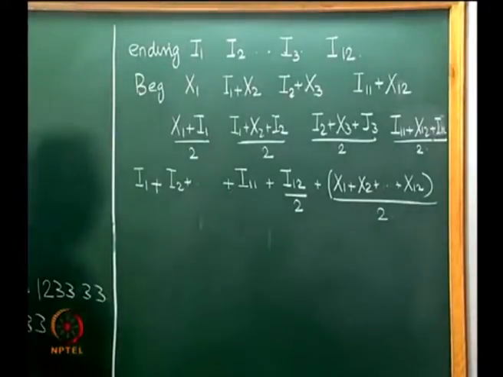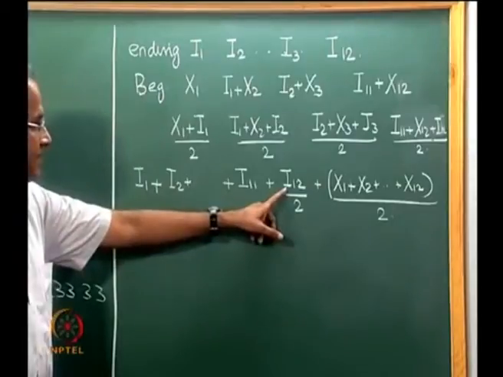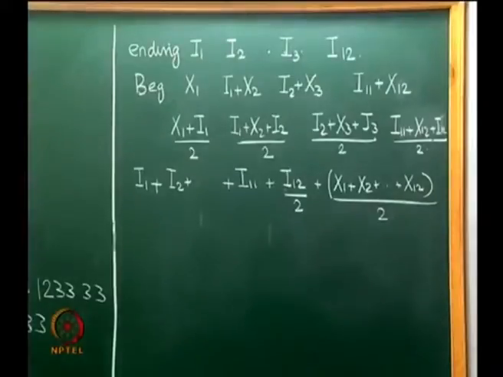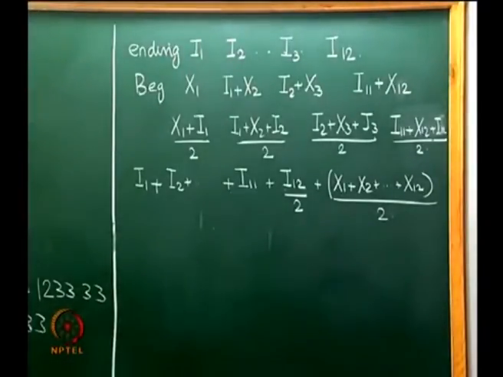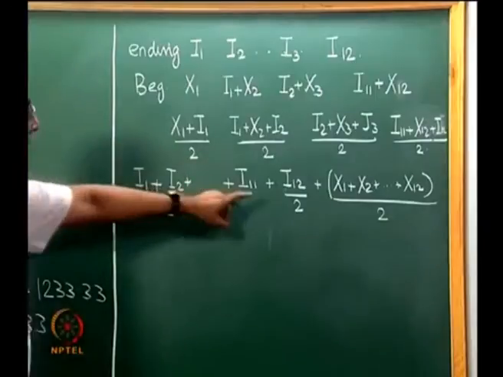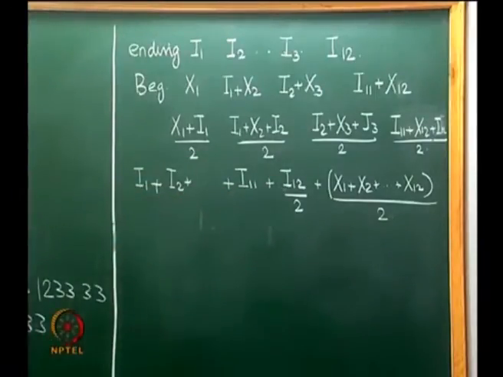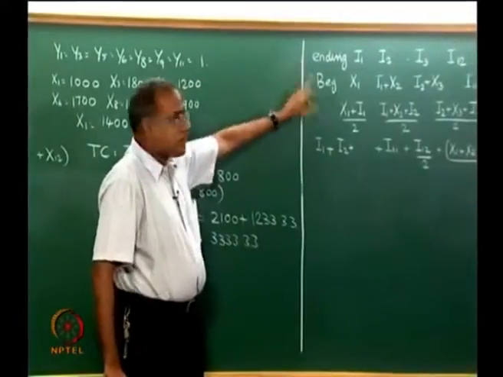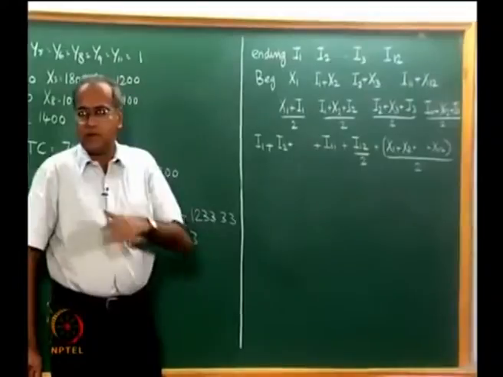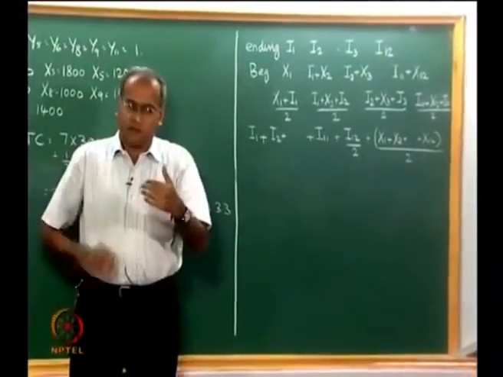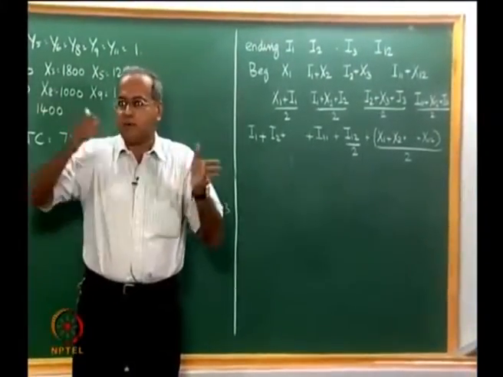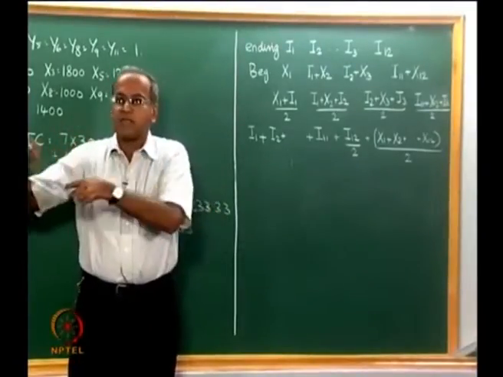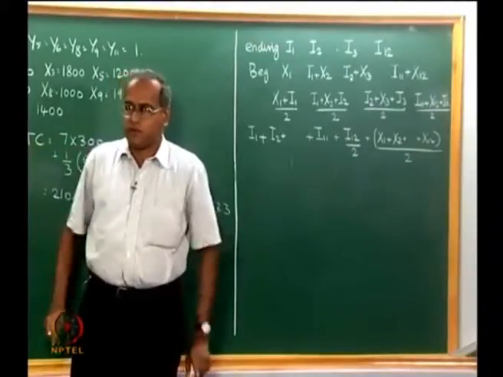Now what we need to do is to write this I12 divided by 2 in terms of, first write I12 and then substitute for I12 to see what happens. Now what is I12? I12 is the inventory at the end of the 12th period. Beginning inventory is 0 here. So I12 is in principle the sum of x1 plus x2 up to x12, which is what we have procured, minus D1 plus D2 to D12, which is what we have consumed.